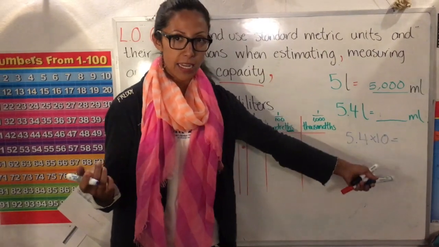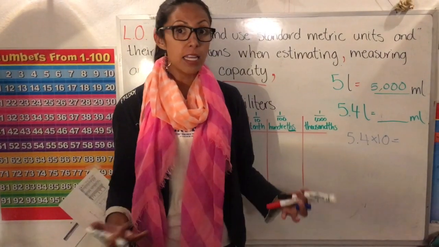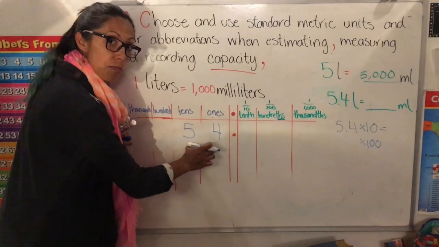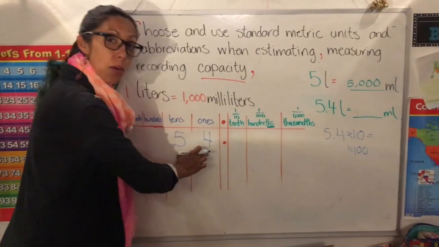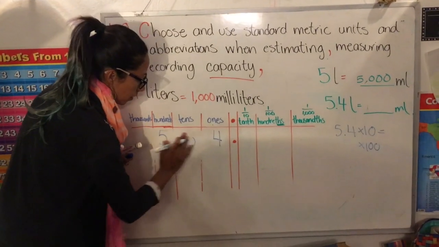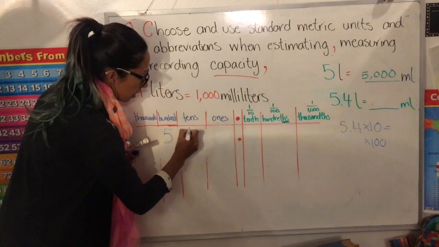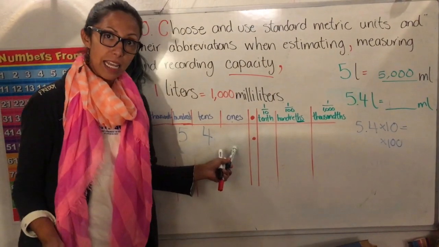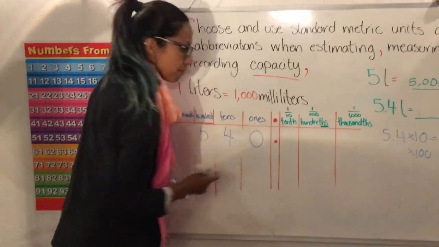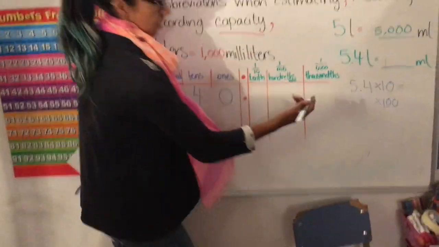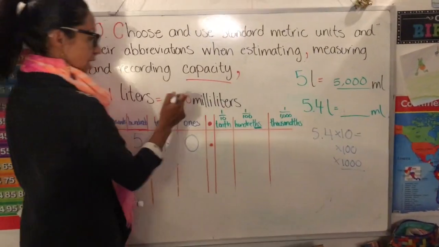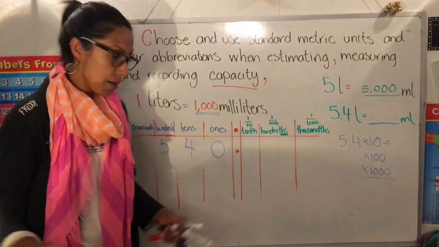What happens if it is times 100? Again, we move both numbers because then they become bigger, 10 times bigger. So we move them again, 54, and now we have a space left. What happens? We put a 0 because we have no ones. Times 1000, which is where we want to get. What happens?